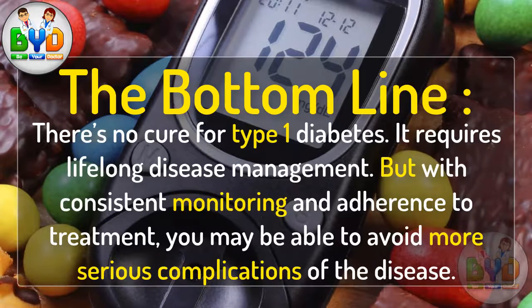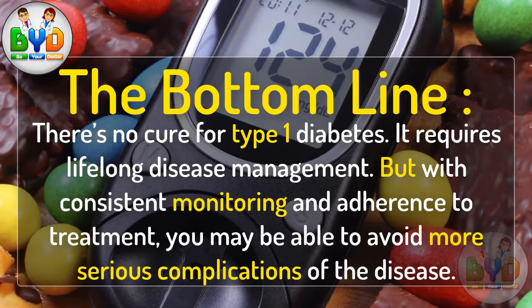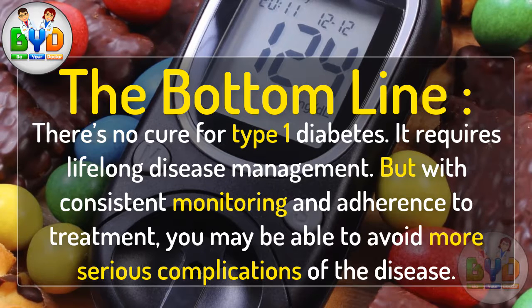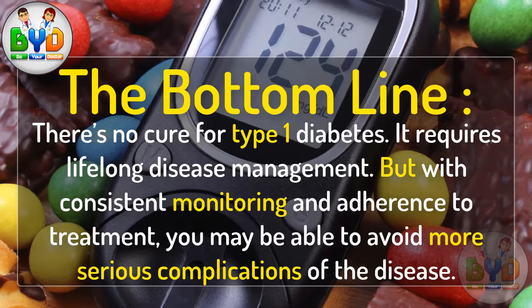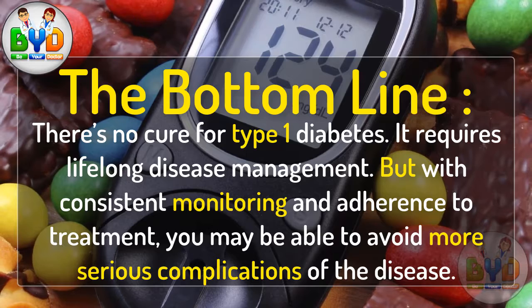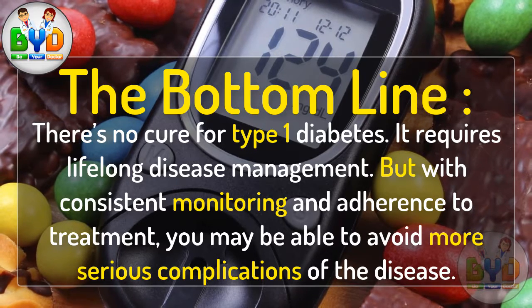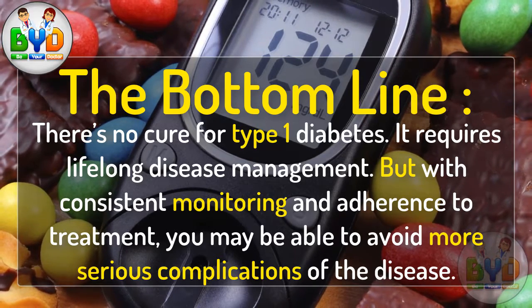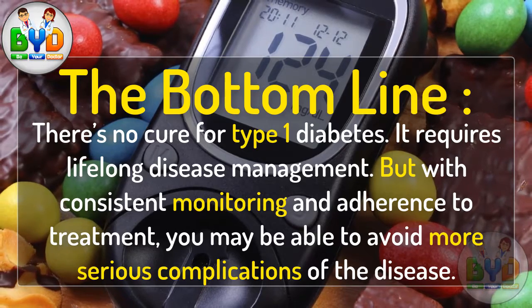The bottom line: there's no cure for type 1 diabetes. It requires lifelong disease management. But with consistent monitoring and adherence to treatment, you may be able to avoid more serious complications of the disease.